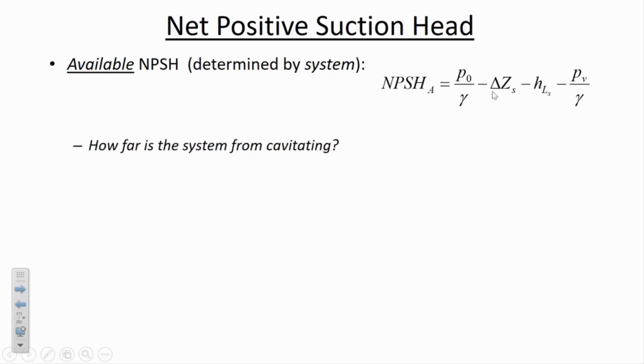Now, the bigger NPSH is, the further away you are from cavitation. But if NPSH is small, then you approach the risk of cavitation. So think about, in this formula, which things would give you a small NPSH.